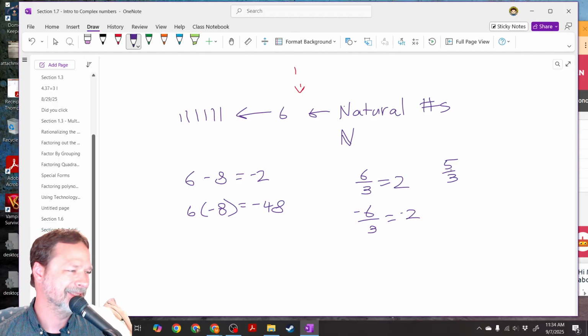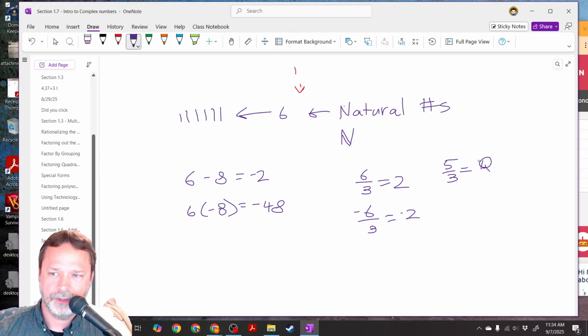Whole numbers are the natural numbers plus 0. We can't do that. So now what? Well, now we've got to say rationals. We have our rational numbers, and we use a little Q for quotient. Weird looking Q. Okay, so we've got those.